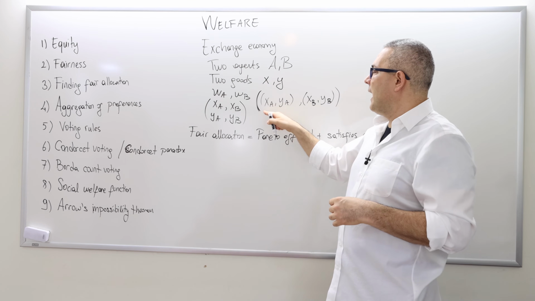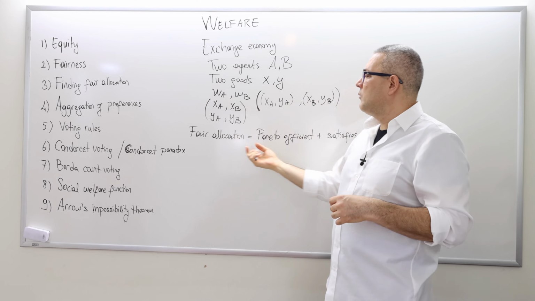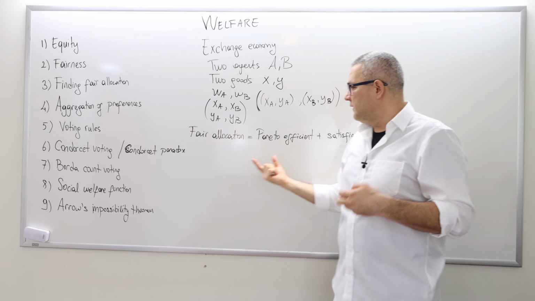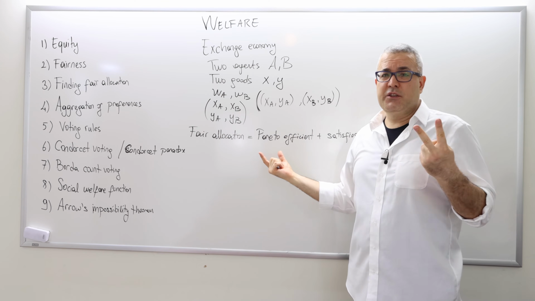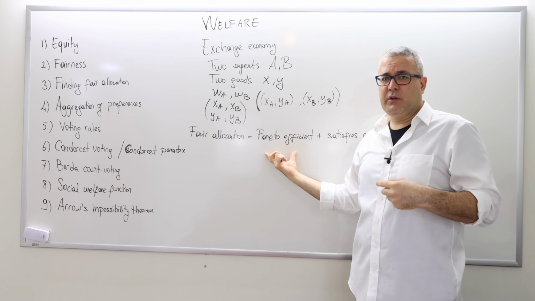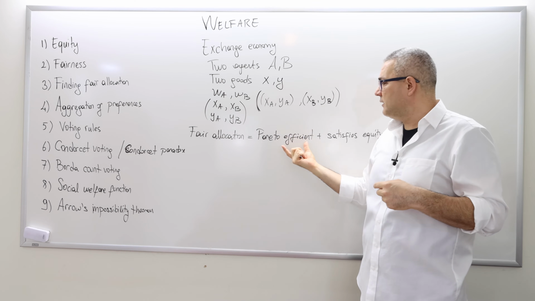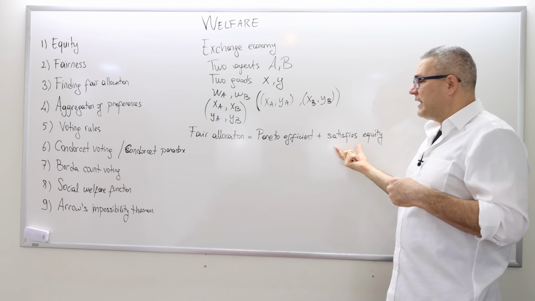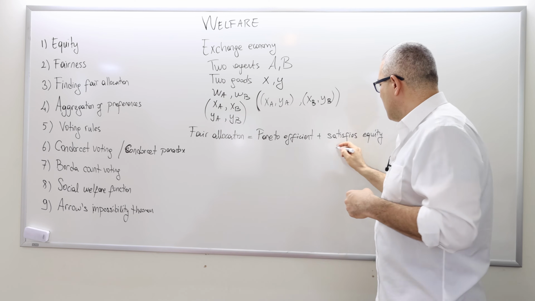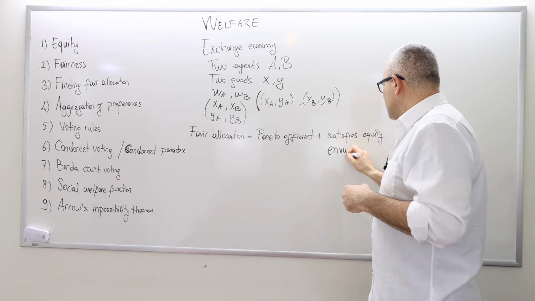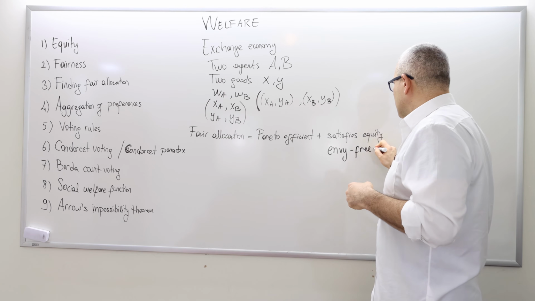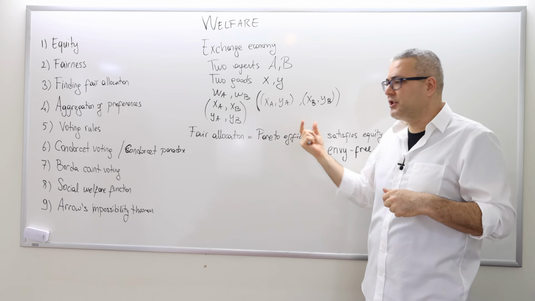All right, so an allocation like this we call fair if it satisfies two things. One, it satisfies Pareto efficiency, so it's Pareto efficient. And second, it satisfies equity, or what I call envy freeness, or just envy free. The allocation is envy free.